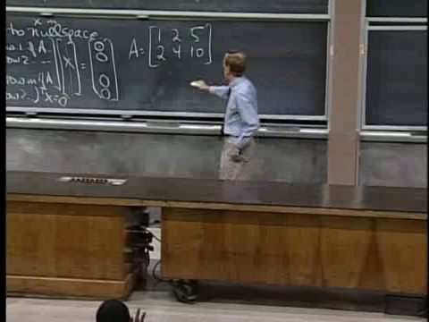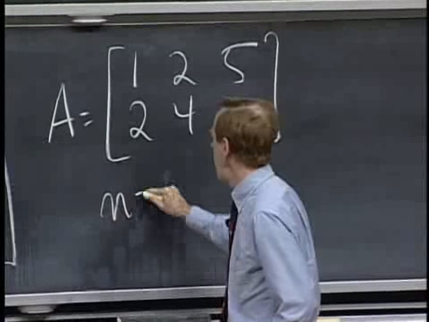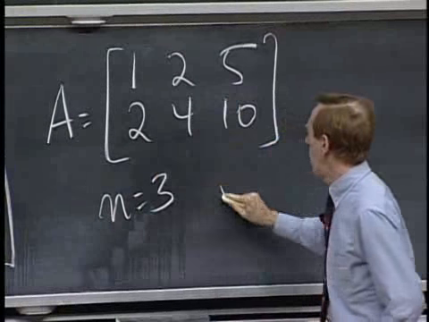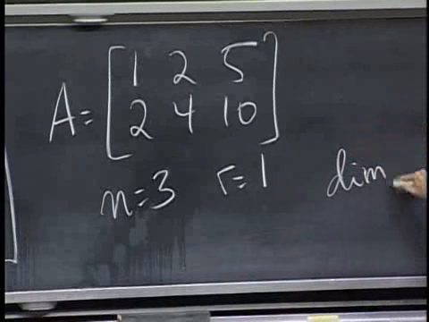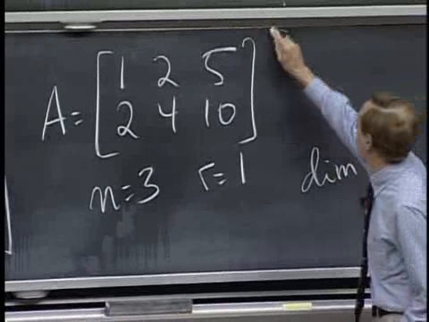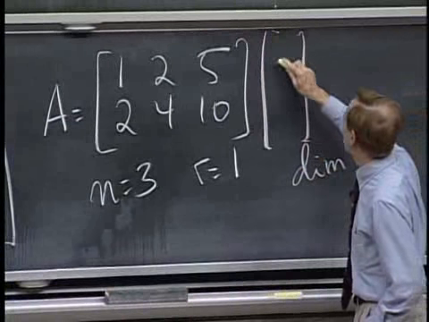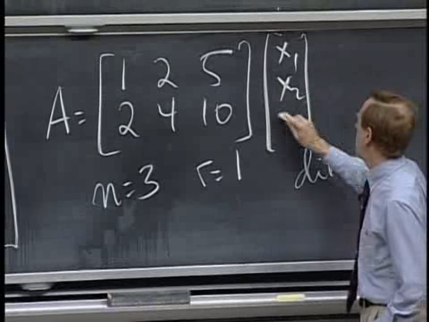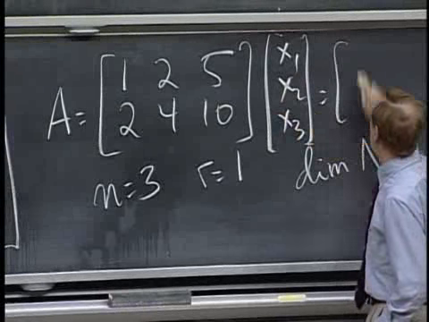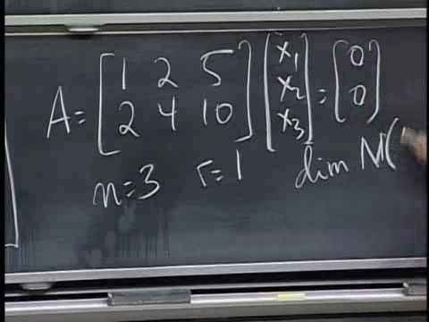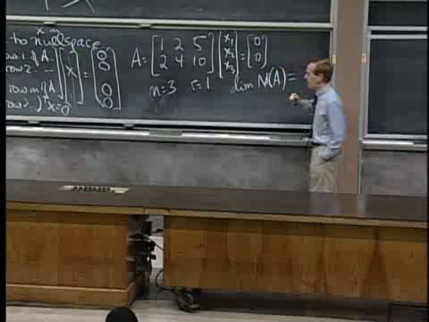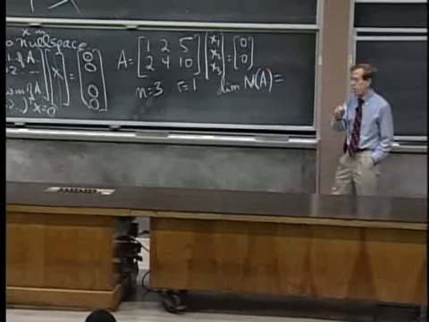So here n is 3. The rank is 1. So the dimension of the null space, I'm looking at x, x1, x2, x3, to give 0, so the dimension of the null space is, we all know, 2.